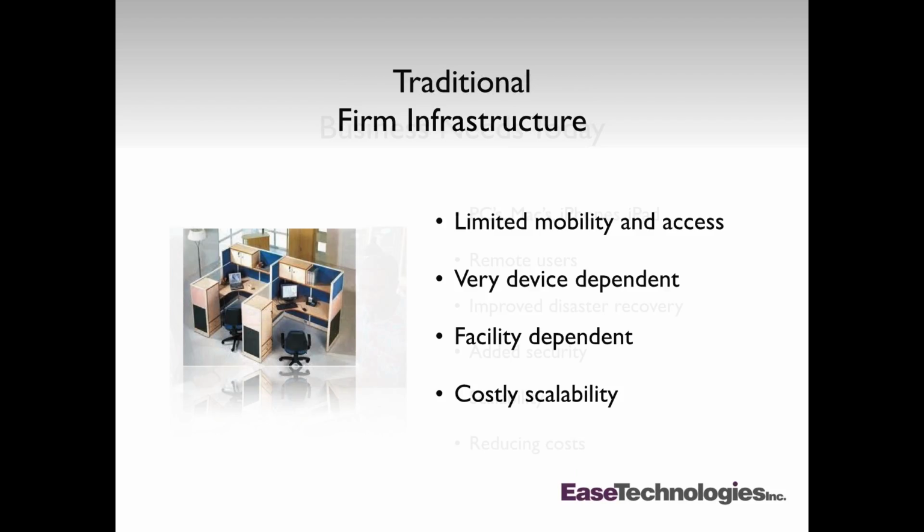Very facility dependent, meaning that if someone wanted to have access to certain servers, they would literally have to be in that office to have access to the complete set of services or databases or information that a company may be utilizing. We run into a lot of accountants, for example, that during tax season are confined to the office and can only be in the office to do that kind of work. And lastly, one of the biggest restrictions of a lot of traditional infrastructures is scalability. It's very difficult to add lots of people temporarily, whether it be servers or desktop systems, or even licensing becomes very difficult for a lot of businesses.